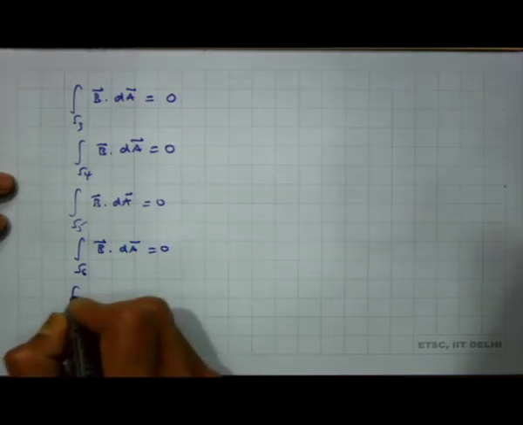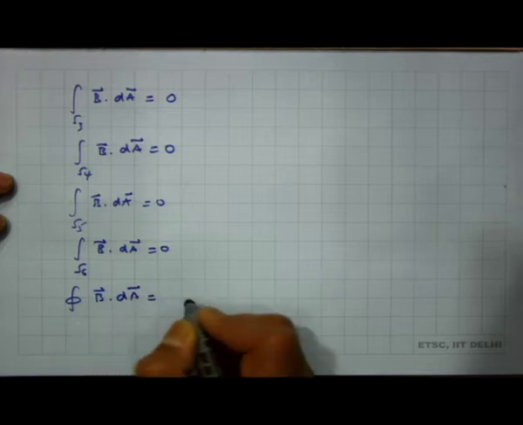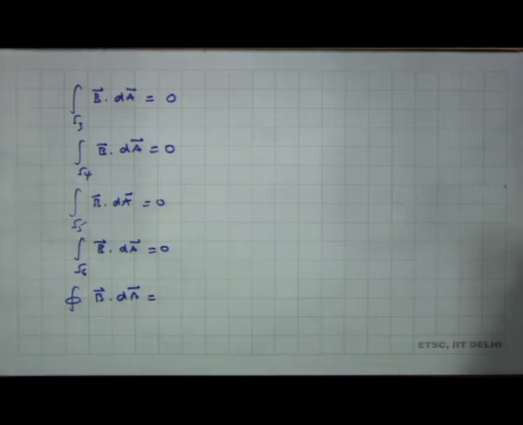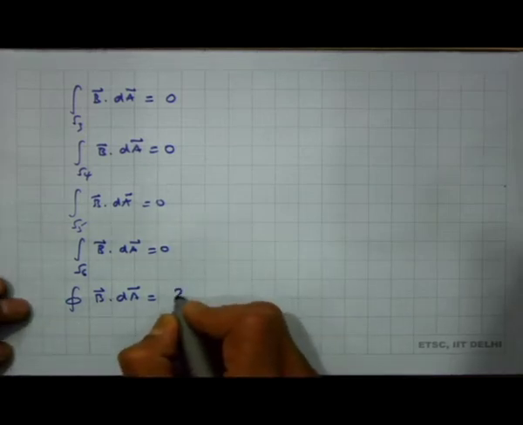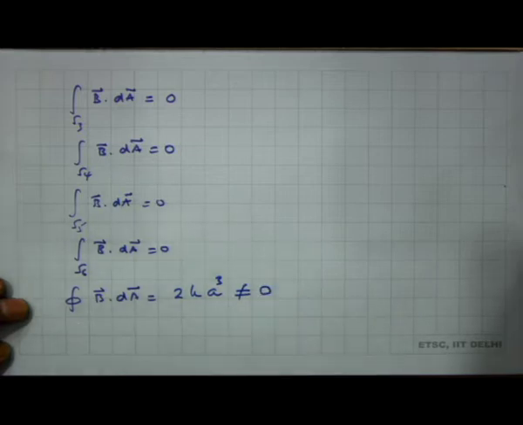So, integral B dot dA happens to be equal to, it has only contribution from two surfaces S1 and S2, and so I get 2 k times A cube, and this is not equal to 0.